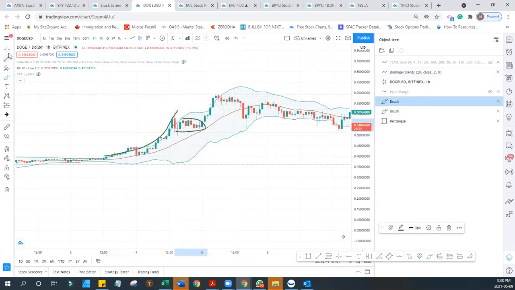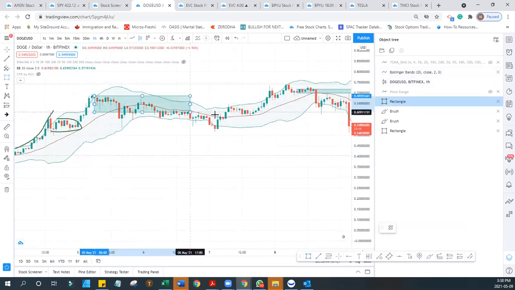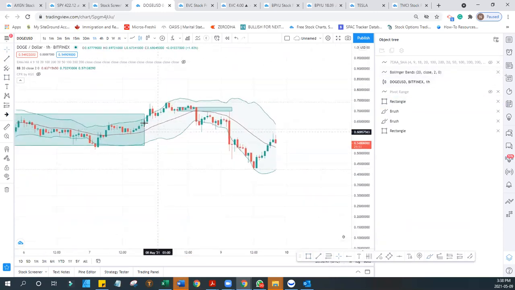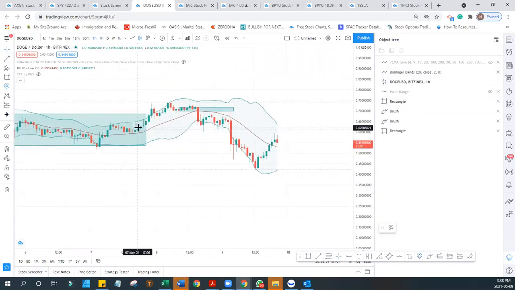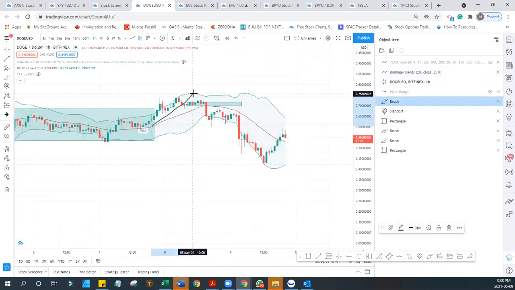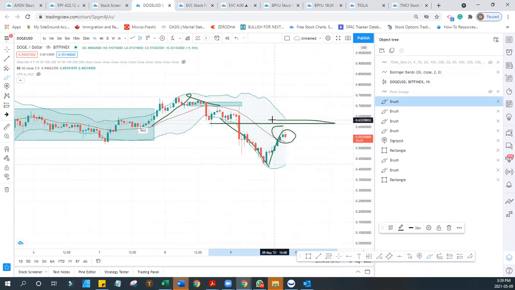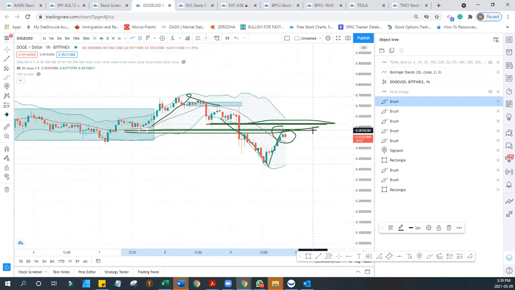Once it got out, the price went sideways, and then again it made a run, as usual. Once the price is away, you get out, and now it's walking on the smaller time frame like over here, and it's facing a resistance here, because if you see, this area will work as a resistance.